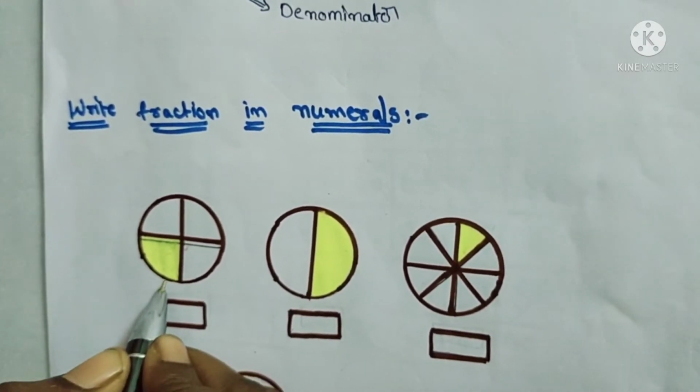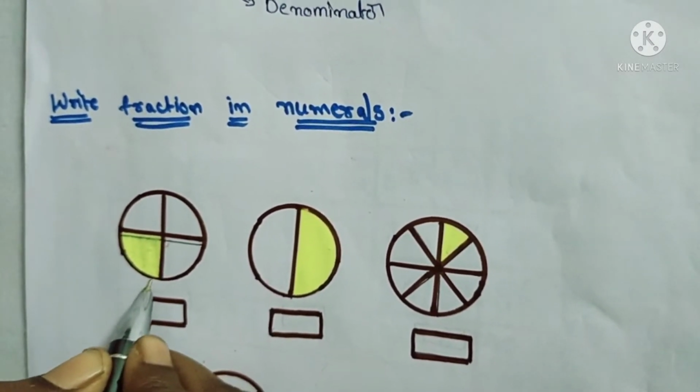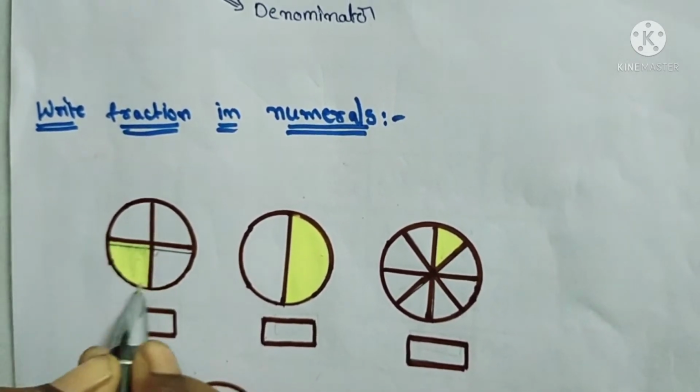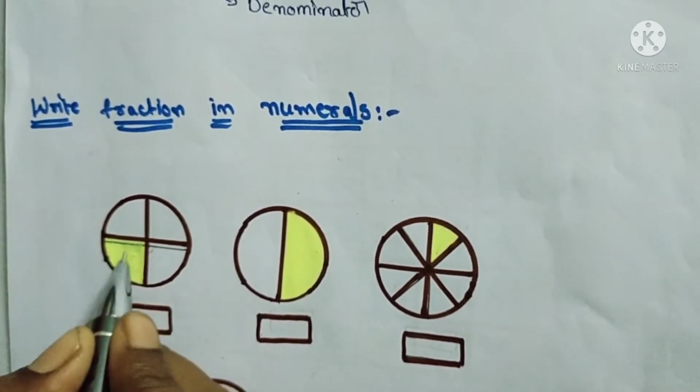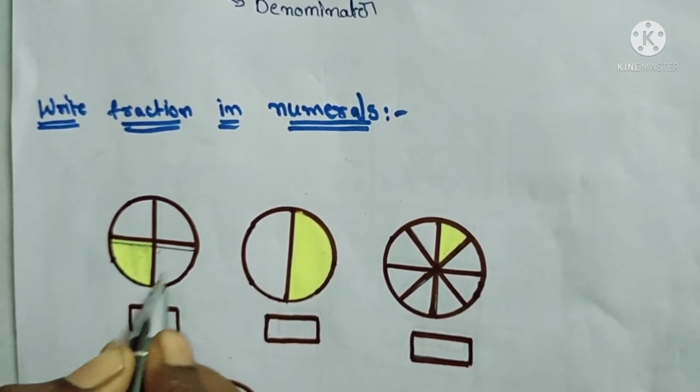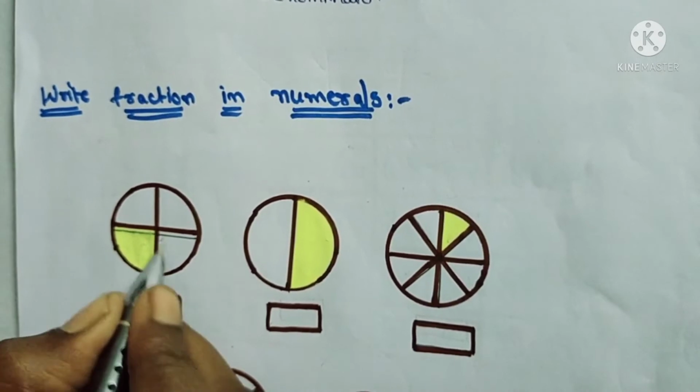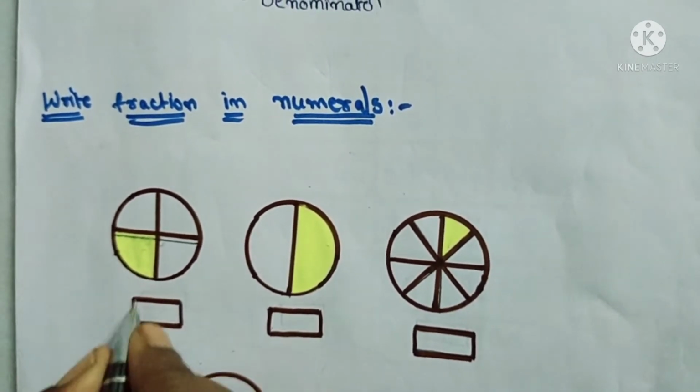We can find the shaded region part. It is a whole part. It is cut into 4 equal parts. What is the total number of parts? 4.